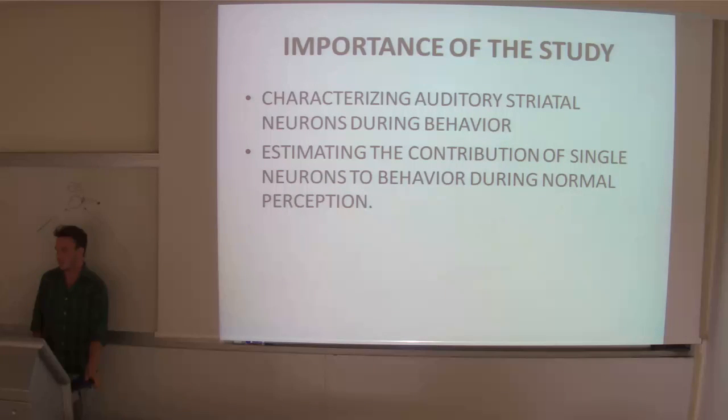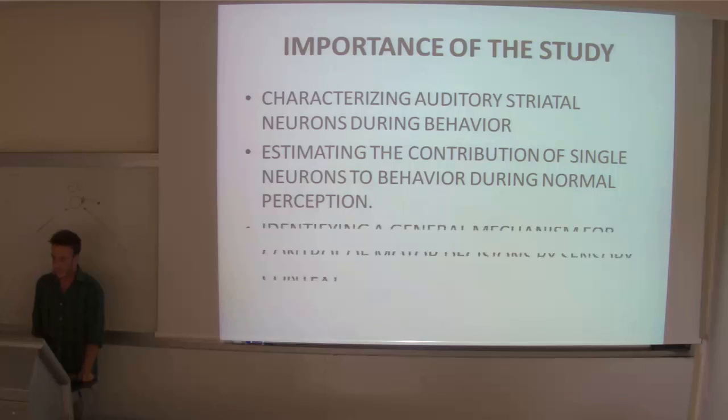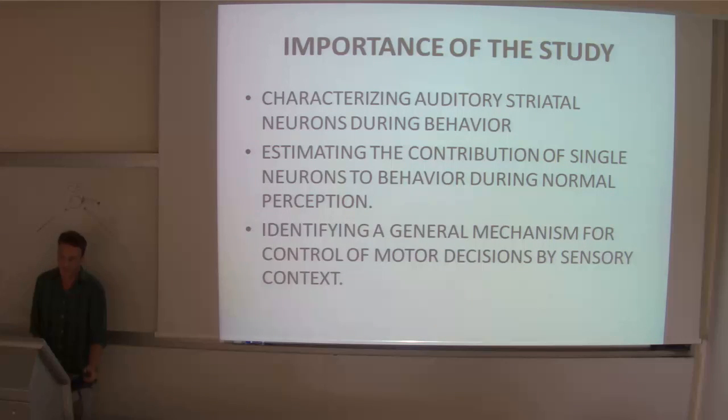Also, they said that this is a study that estimates the contribution of single neurons or single units to behavior during normal perception. This is again from 2013, and we all know that this is a relatively new development. And lastly, they claim to identify a general mechanism for the control of motor decisions by sensory context.